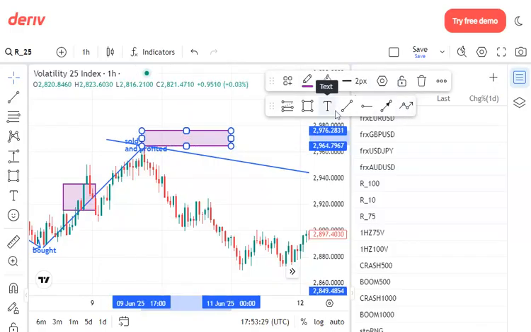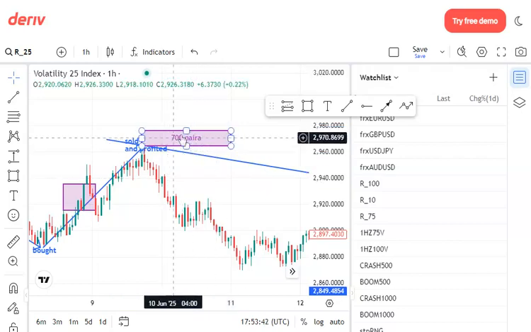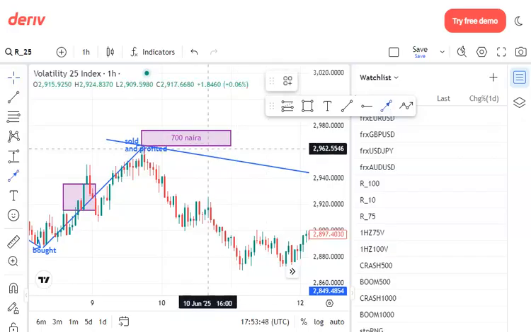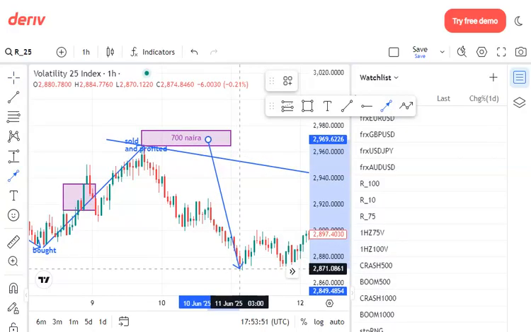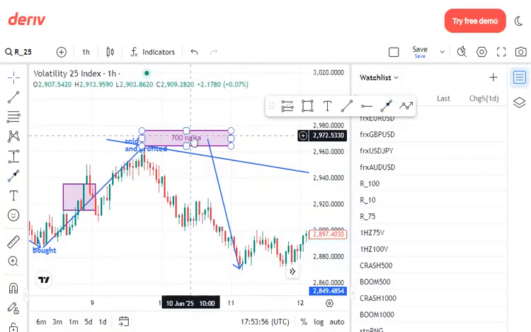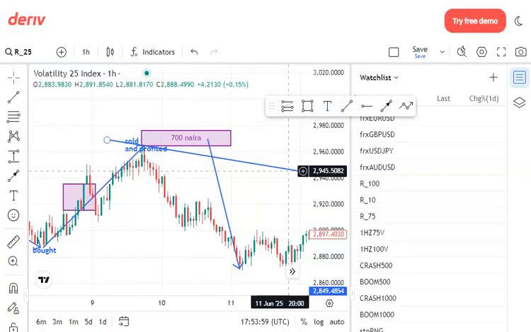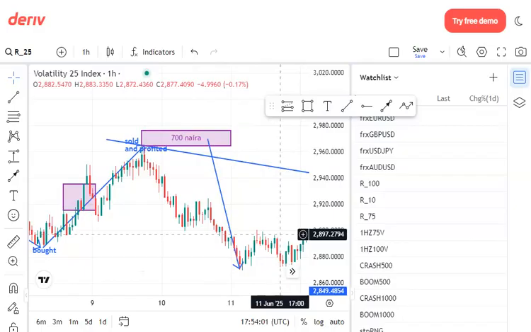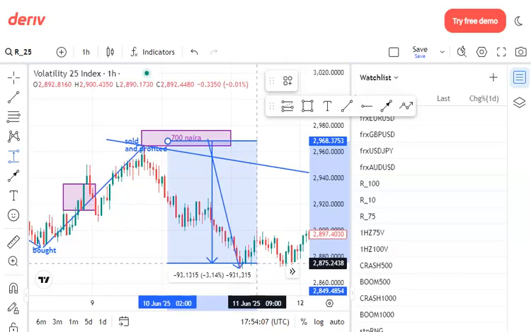Let's say you sold 700 naira, and the 700 naira went down. You just gave out this money to the bank, and now it went down by, let's say, 93%.